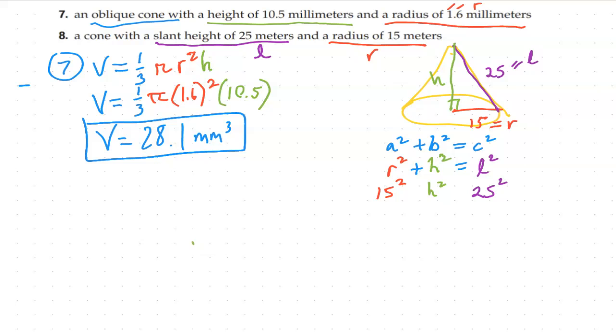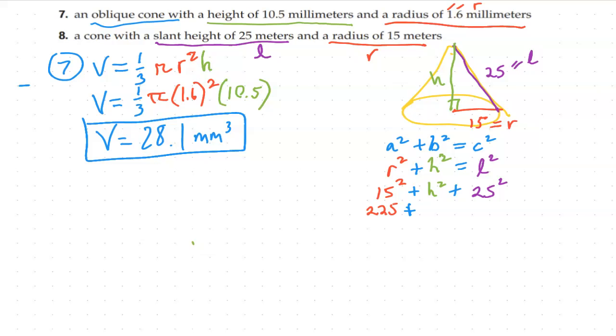Okay, so now it's time to do some little work on that. So 15 squared is 225. Oops, that's not supposed to be a plus up there.